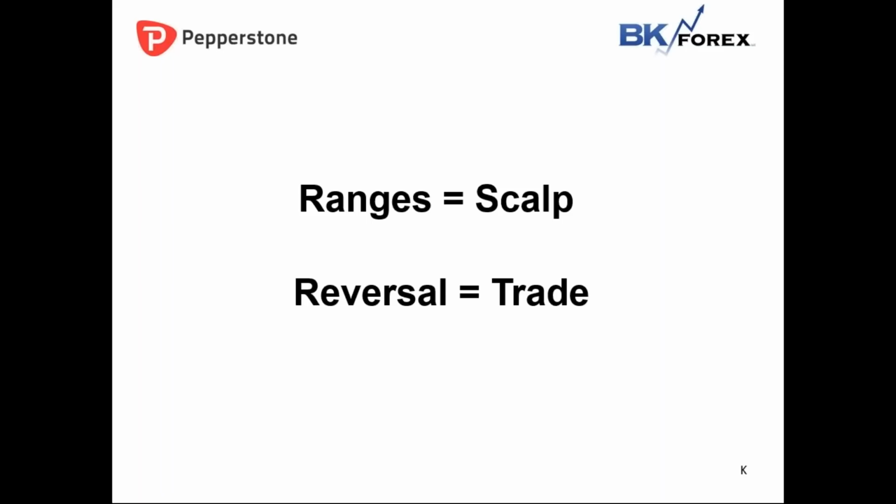Reversals are for those of you that like to trade or invest, looking for much bigger moves. So they are very different, and it's important to realize that your stops should be placed at different levels. You're looking for exhaustion points from a different perspective.